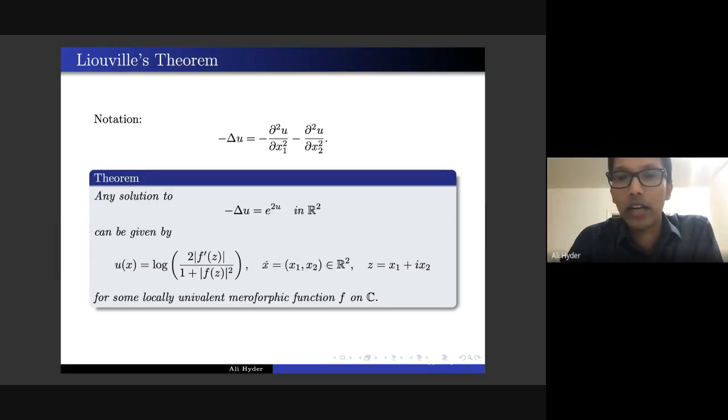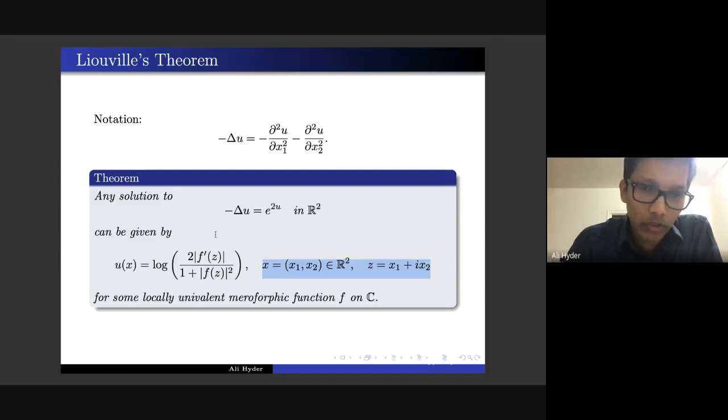This is the standard identification between the complex plane and the plane R2. The function f is a locally injective meromorphic function on the complex plane. In particular it could also be holomorphic, but in general it is locally injective.